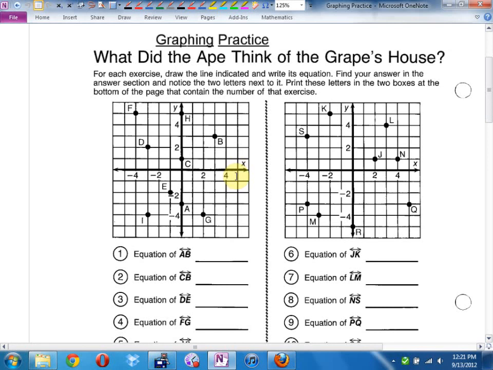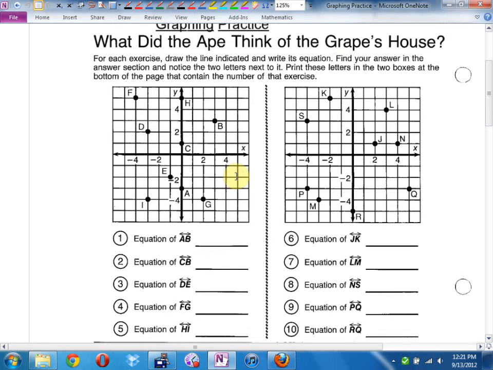What did the ape think of the grape's house? I know you're all dying to know. He thought it was divine. Really? We're just going to wreck the punchlines for everybody else? You were one of those people who walked into The Empire Strikes Back and just screamed out at the beginning, Darth Vader's Luke's father! And then left, right? Batman dies at the end of The Dark Knight Rises, if you haven't seen it yet. Or does he?